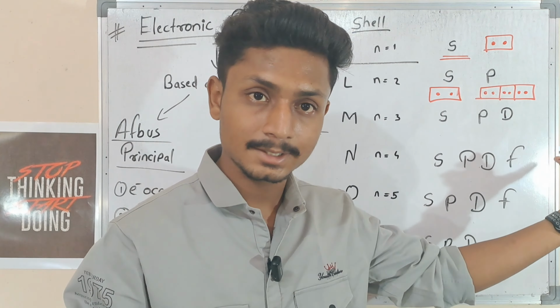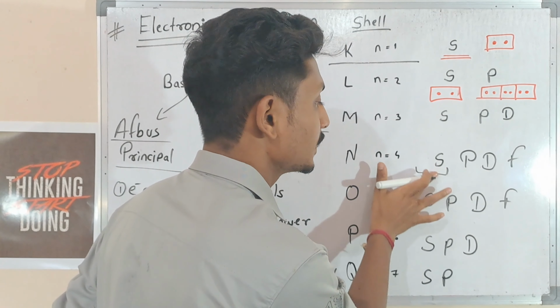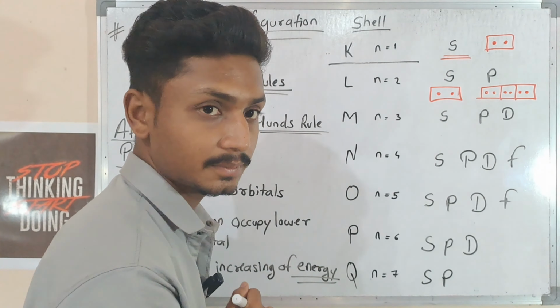This is subshell. When we write S with a number, S with the number 4, it is orbital, and without number it is subshell. So write down this, based on energy of orbital.